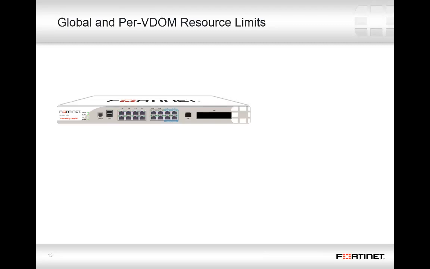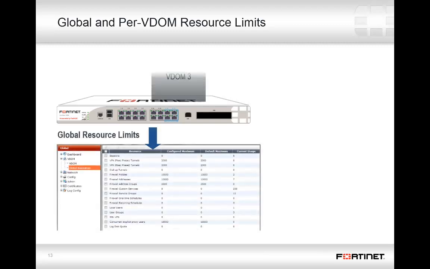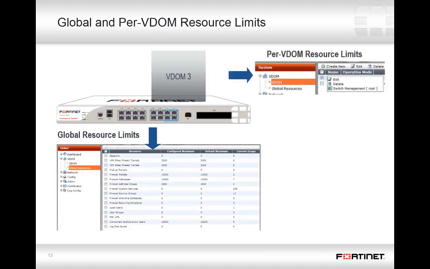For example, on this FortiGate, the hardware is powerful enough to handle up to 2,000 IPsec VPN tunnels. The FortiGate is configured with 3 VDOMs. VDOM 1 and 2 don't use IPsec VPN tunnels often and are allowed to have up to 50 each. VDOM 3, however, uses VPN extensively.